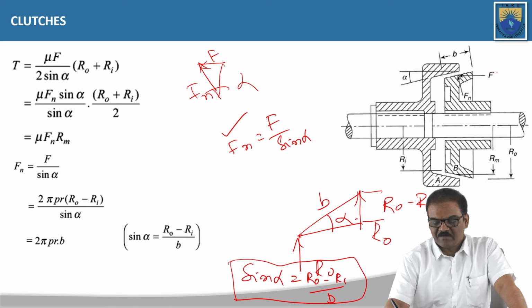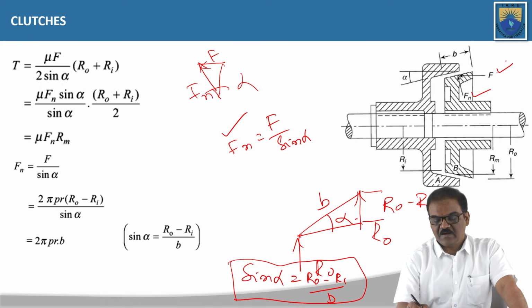This is the normal force and this is the axial force, and alpha is the cone angle.